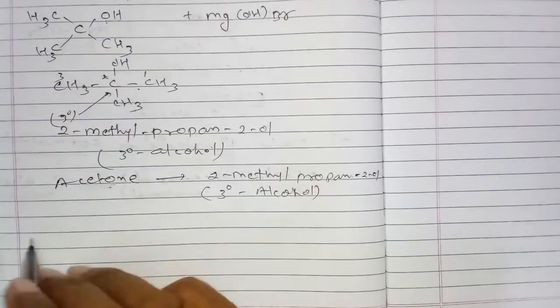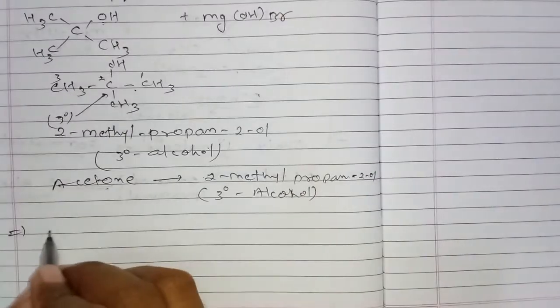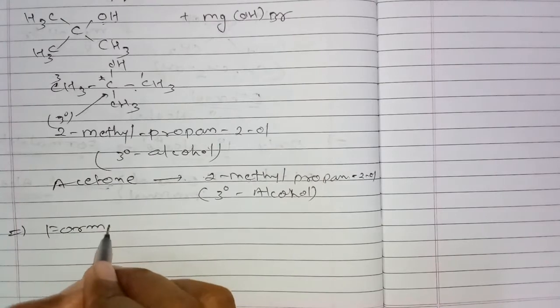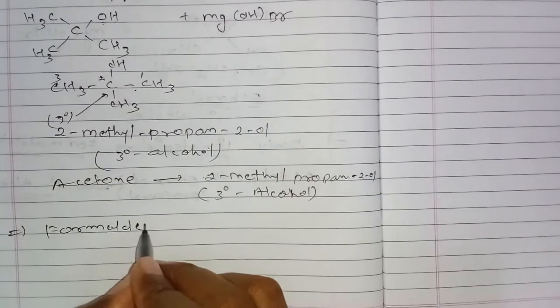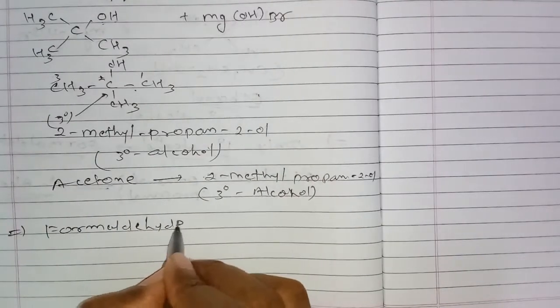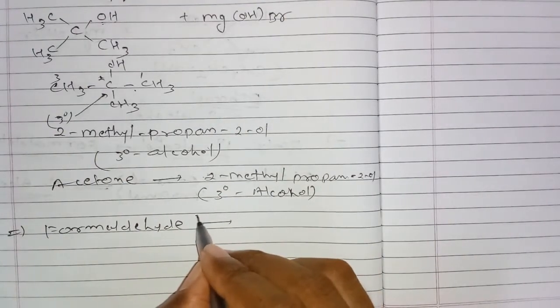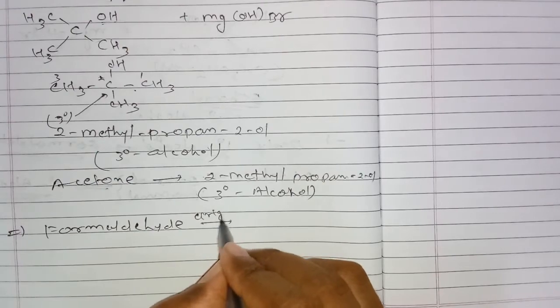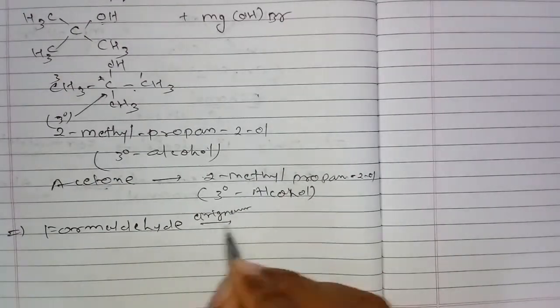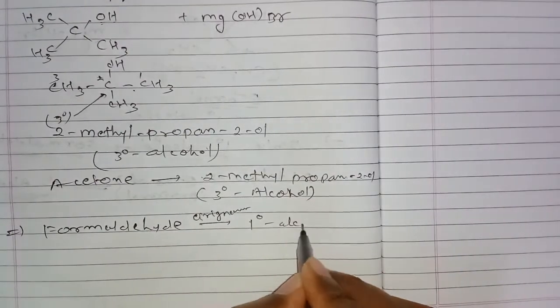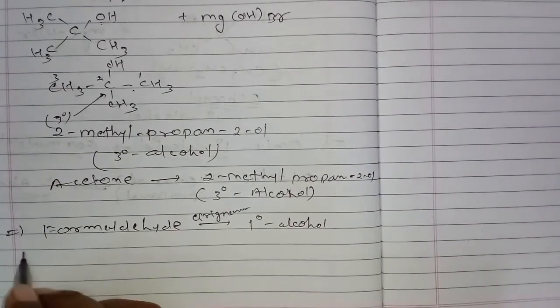So here is the final conclusion: by formaldehyde addition of the Grignard reagent, primary alcohol is formed.